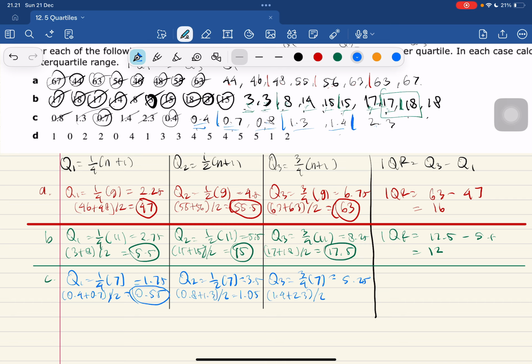So this upper quartile is going to be 1.85. So the interquartile range is 1.85 minus 0.55, which is 1.3.